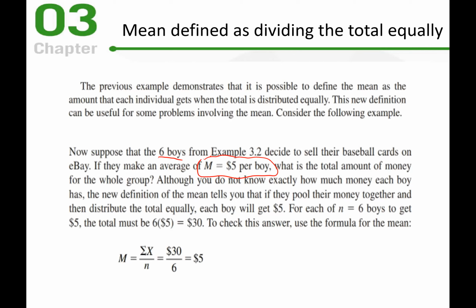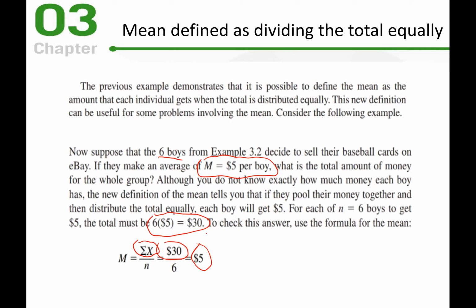The new definition of the mean tells you that if they pool their money together and then distribute the total equally, each boy is going to get $5. And if there are 6 boys, then it must be 6 times 5, which means 30. So the sum of the scores is $30, which satisfies there being 6 boys and each of the boys getting $5.